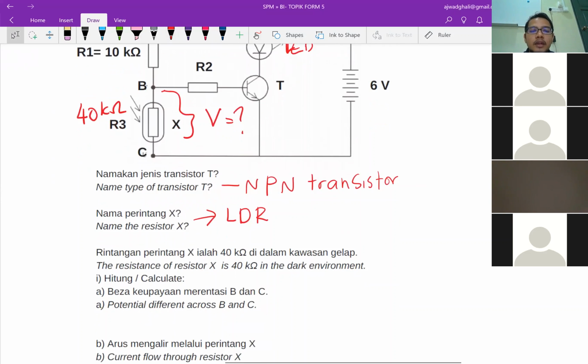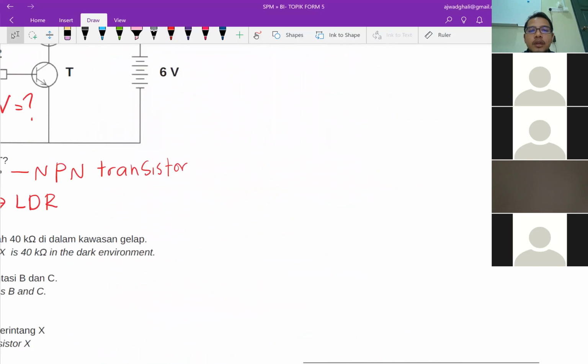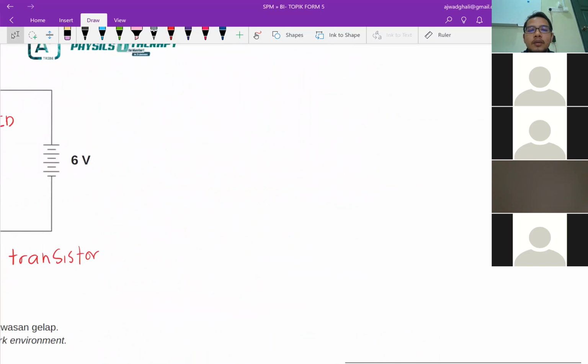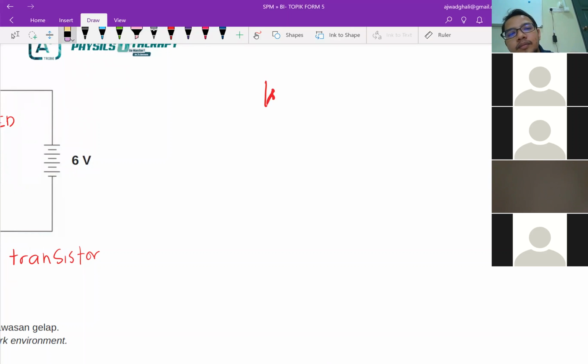To understand this, basically we go to the basics of circuits. It's like this. If I have a battery, okay, my pen has problems. This one is 6 volt.